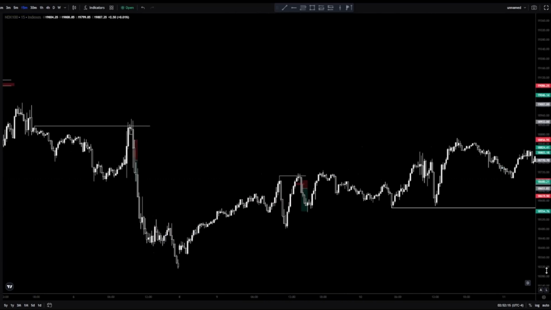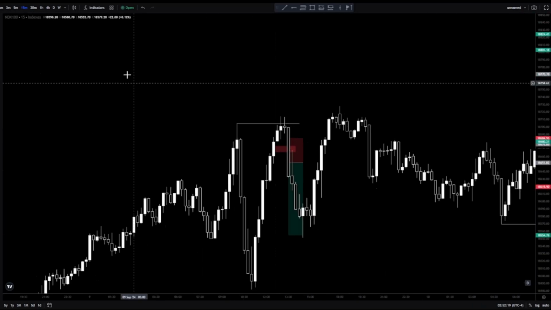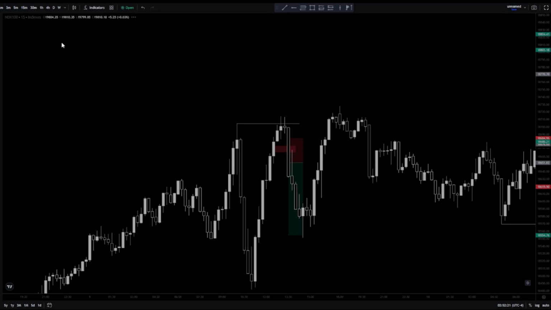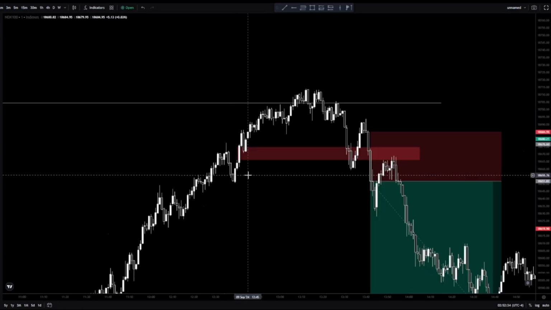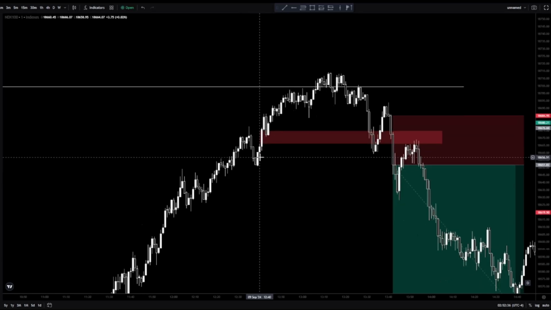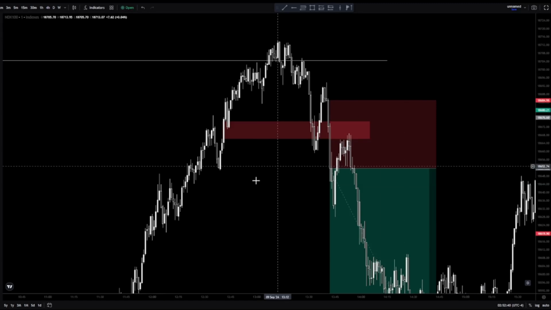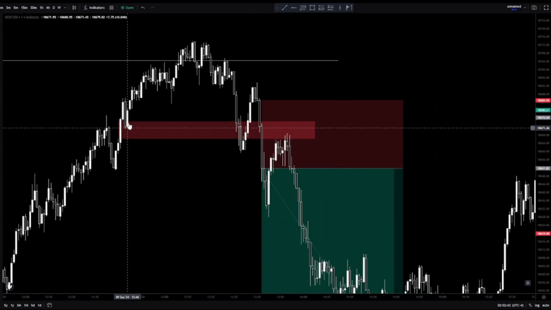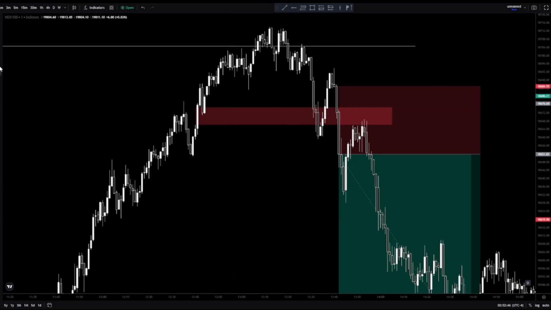So this one, simple liquidity sweep with the VIX and drop down to the 1 minute. This is a PM session trade. Liquidity sweep, IFVG. This is just a common IFVG, if you may say.